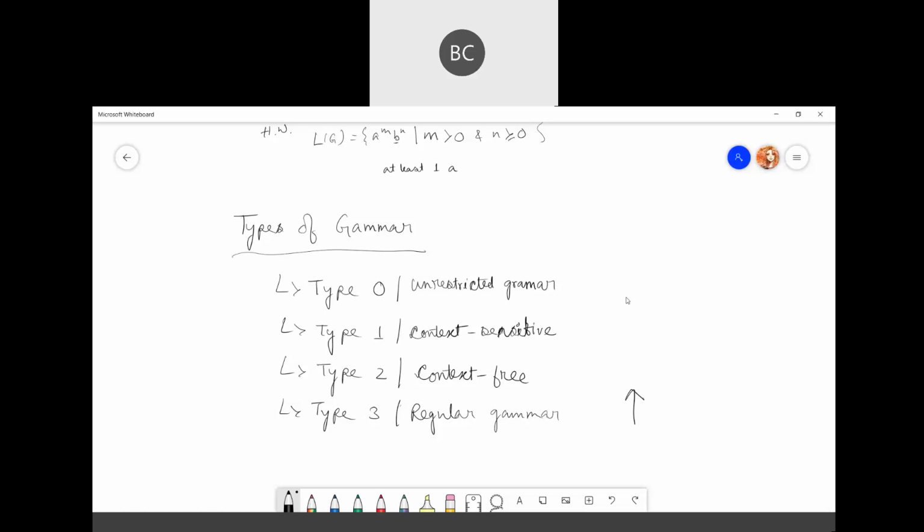At the moment, just remember, no confusion. At this time, just remember what are the types of grammar. And you are mainly concerned about these two things only, type 2 and type 3. Okay. Later we will learn this type 0, but that portion is very small.